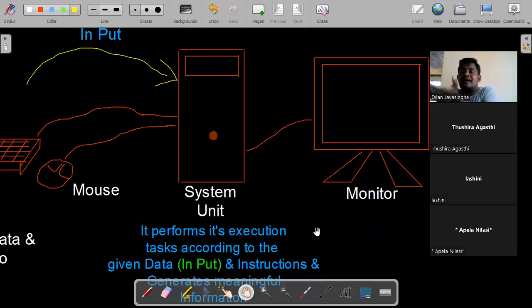Some sort of result, putting something out. Now I am talking, I am presenting the lesson to you all.